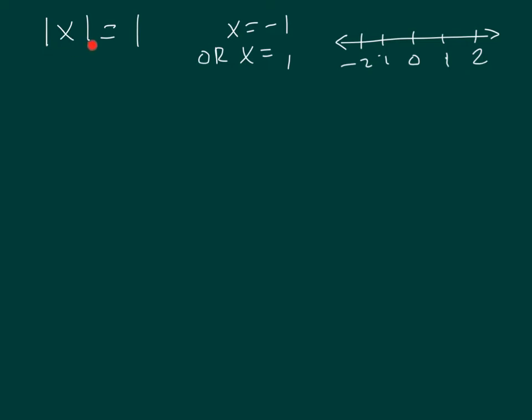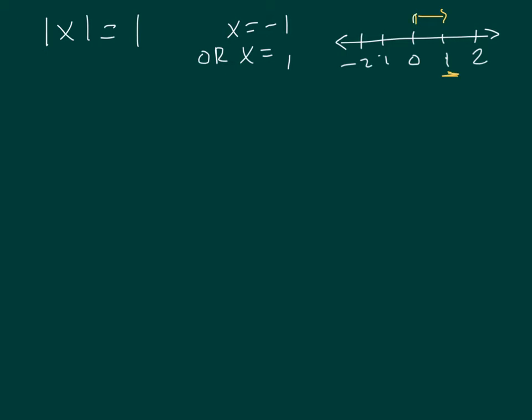Right, so I have this absolute value of x here, and I'm saying the absolute value of x is 1. Now what that means is that I'm looking at 0, and I am going from 0 a measure of 1 unit in either direction, right? So here's 0, I'm going 1 unit this way, and I land at positive 1.